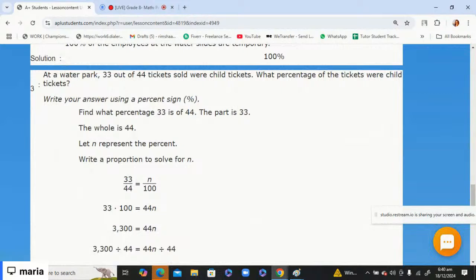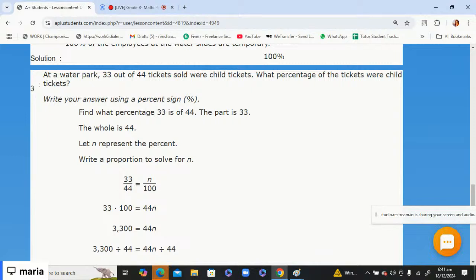At the water park, 33 out of 44 tickets sold were children tickets. 33 out of 44. So the whole is 44 and the part is 33. What percent of the tickets were child tickets?